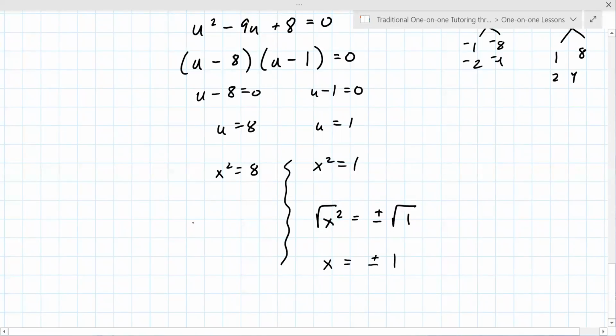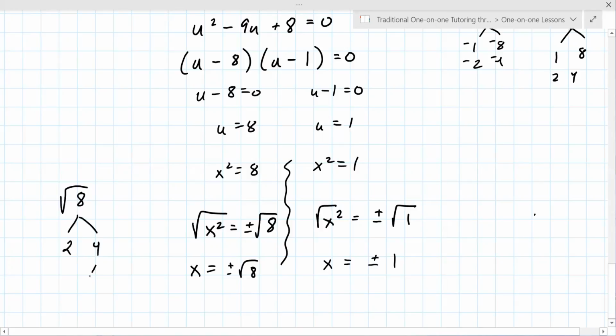x squared equals 8. You're going to take a square root of both sides, plus or minus. And you'll notice there is no square root of 8 in your answer space because it does reduce. You do a prime factorization. I can't remember if we've done this or not. Yeah, we kind of did.